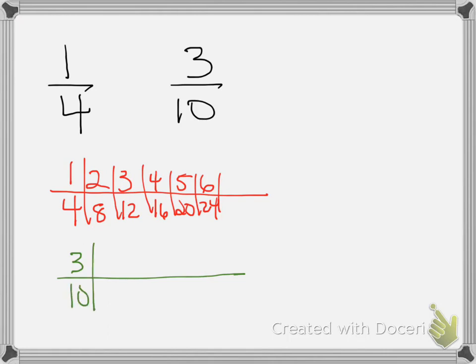Do my sideways t-chart. Again, draw out about 5 or 6 lines. And I'm going to count by 3s: 3, 6, 9, 12, 15, 18. And I've got 10, 20, 30, 40, 50, 60. Okay? So I have them.